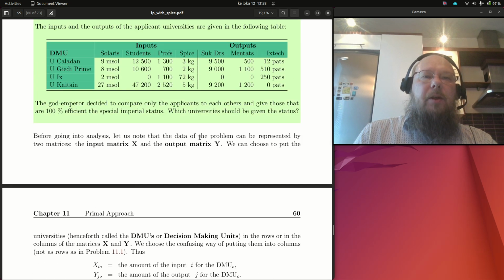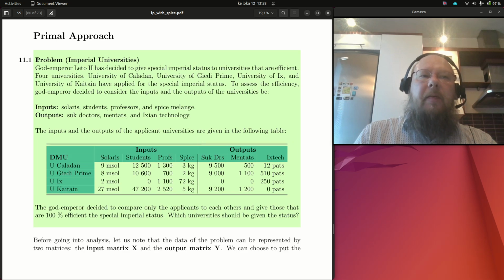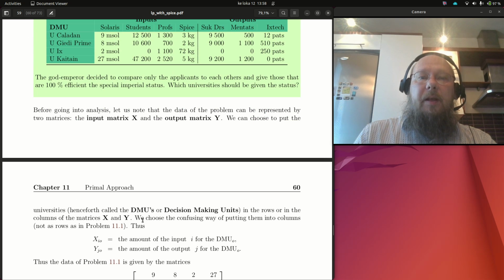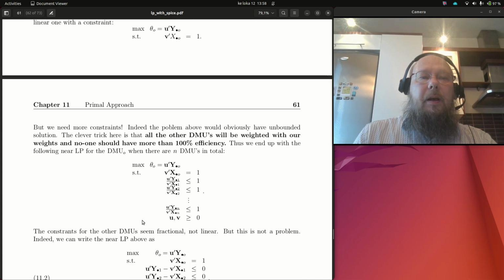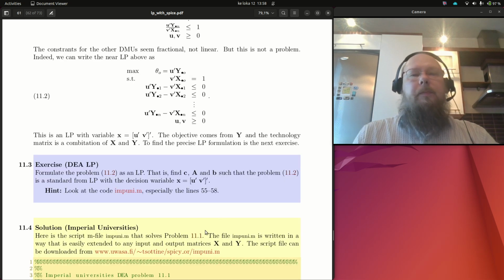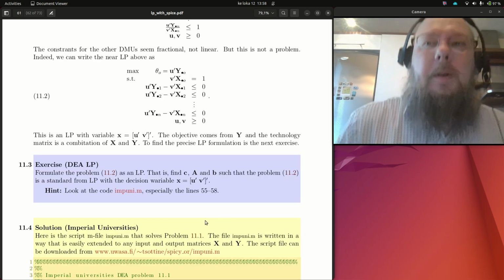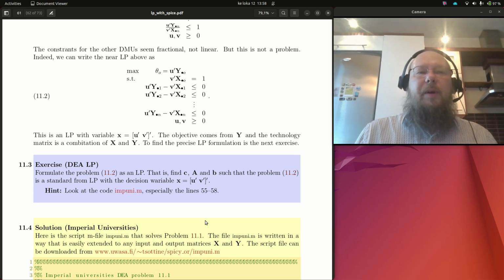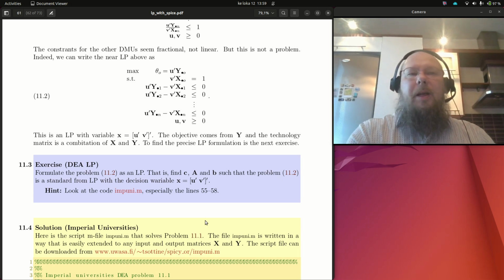So we next solve problem 11.1 by using GNU Octave, and if you look at the code carefully, there is a hint there on how to solve problem 11.3. The hint is on lines 55 to 58. Alright, so let us then go to this solution and read this carefully so you get the hint for exercise 11.3.